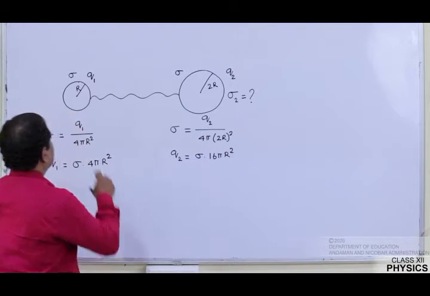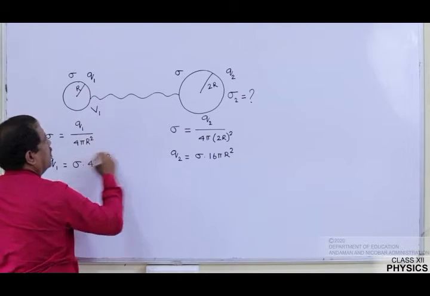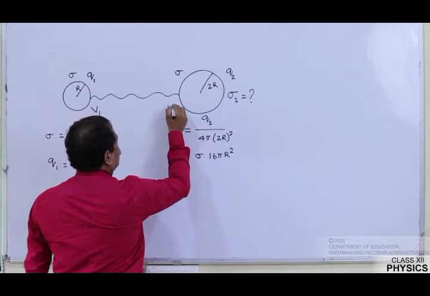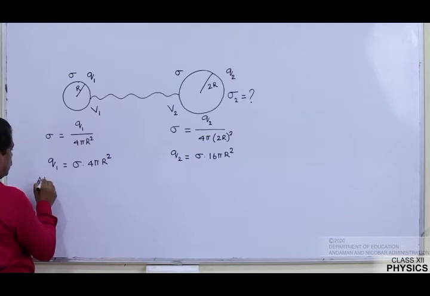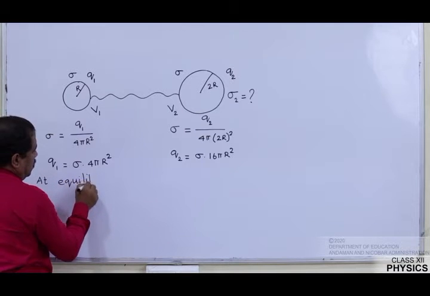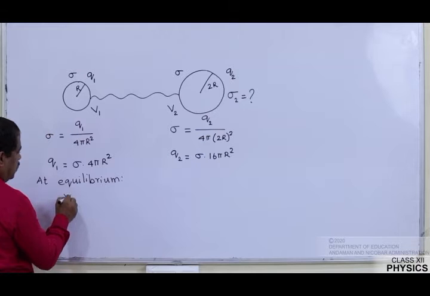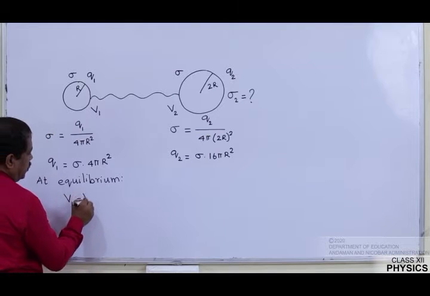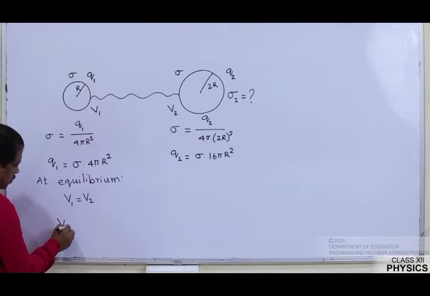So in that case, if I say this conductor has a potential of V1 and this has a potential of V2, then at equilibrium the potential V1 becomes equal to V2. So what is V1 then?